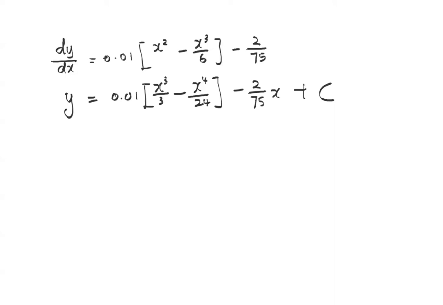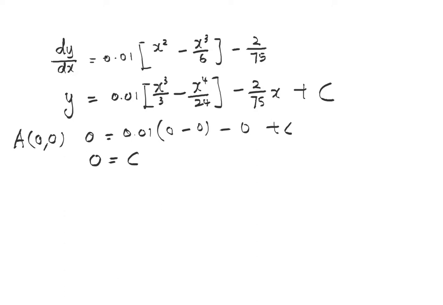You get me? So now you can use either point A or point B to get your c. I will prefer to use point A, that is 0, 0. So I put 0 equal to 0.01 times 0 minus 0 minus 0 plus c. So conclusion, c is equal to 0 for this case.